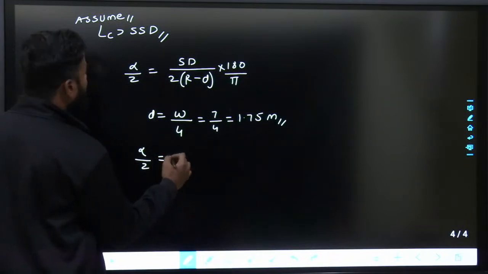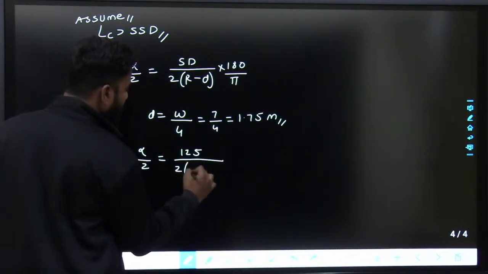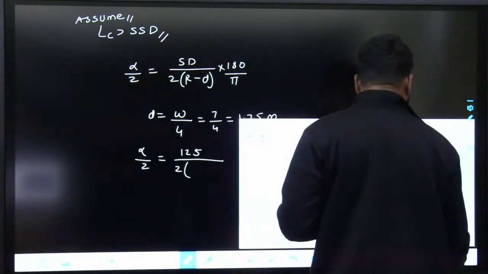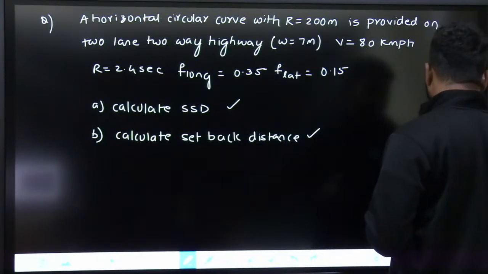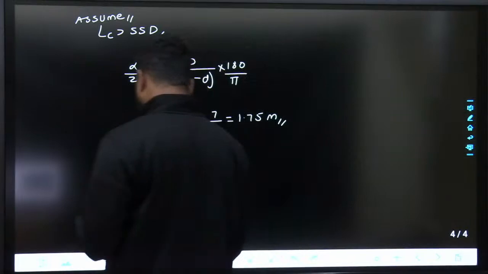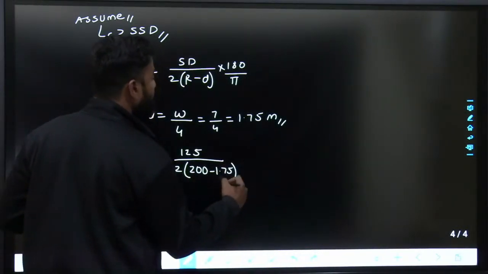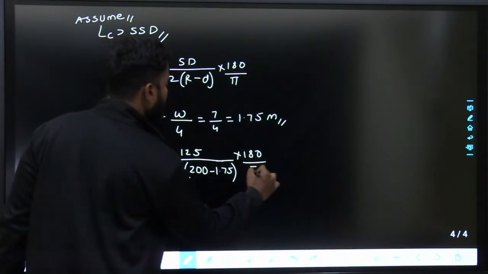So alpha by 2 would be equal to the sight distance SSD 125 by 2 into, what is the radius of the curve? Radius of curve 200 meters. Fine. 200 minus 1.75, multiplied with 180 by pi.